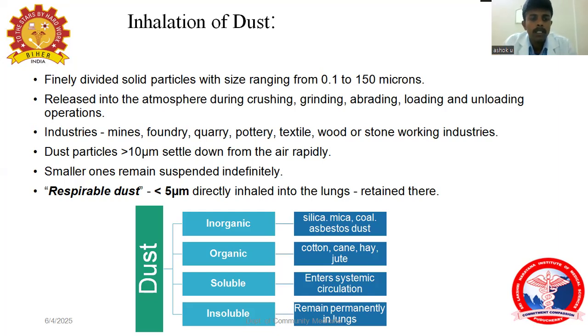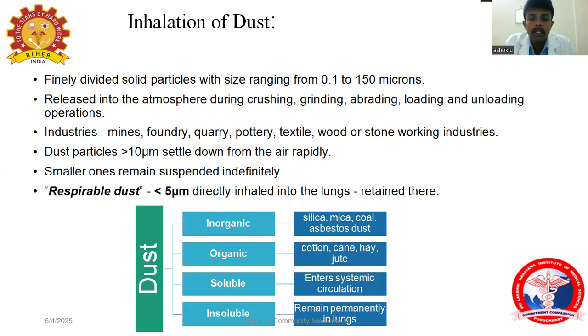There is a term called respirable dust, which is nothing but dust less than 5 microns. These particles are directly inhaled into the lungs and retained there. We have different sorts of dust: inorganic dust, organic dust, and soluble and insoluble dust.